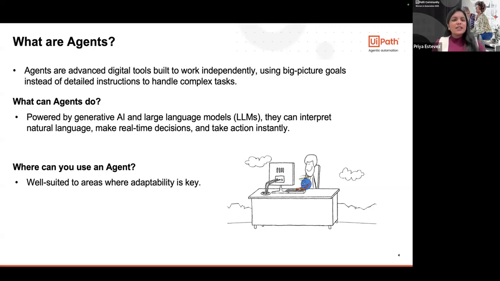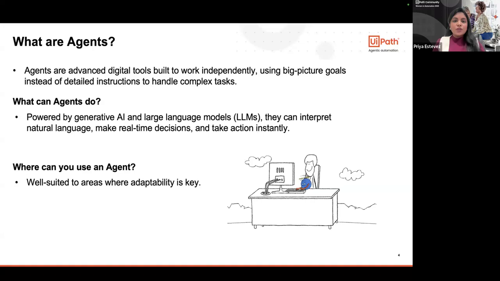Agents are very autonomous, can make their own decisions, and are more goal based. They can take a look at the big picture rather than being given very step by step, rigorous instructions. That's where agents come into play, handling very complex tasks based on your big picture goals. Agents are driven by generative AI and the large language models that are available.